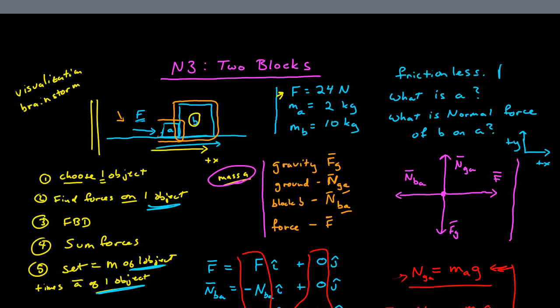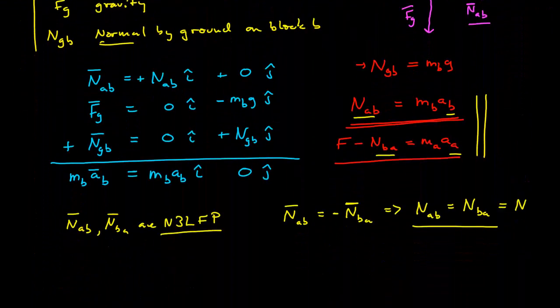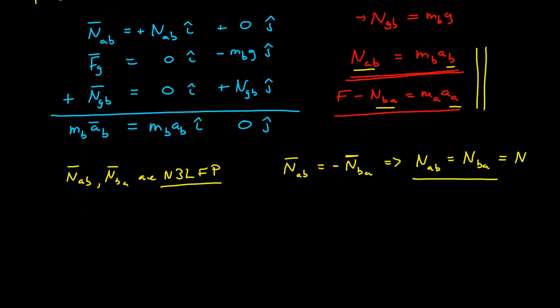They will be in contact for the entire problem. And as long as they're in contact for the entire problem, that means the acceleration of A is equal to the acceleration of B, which means, of course, their magnitudes are equal. Their magnitudes are equal, and I can just assign that to some value a.